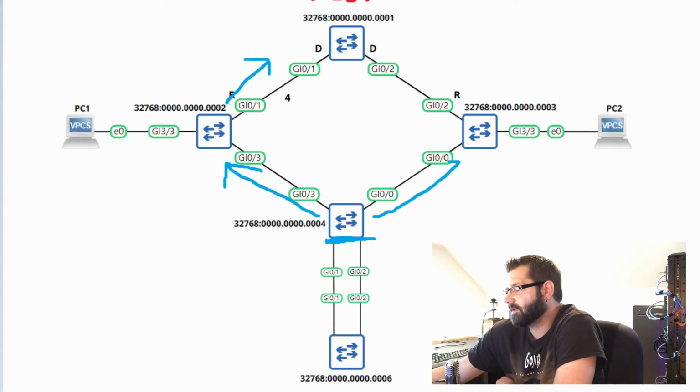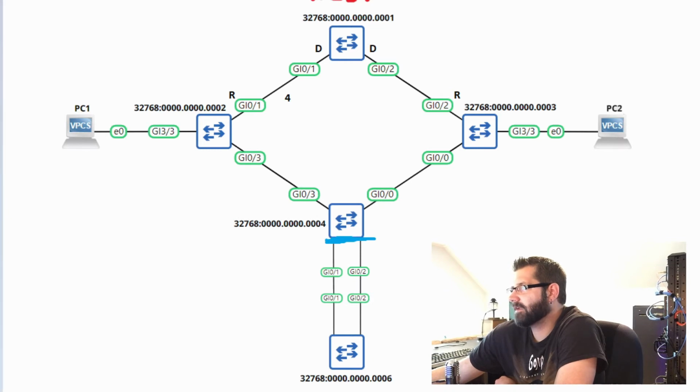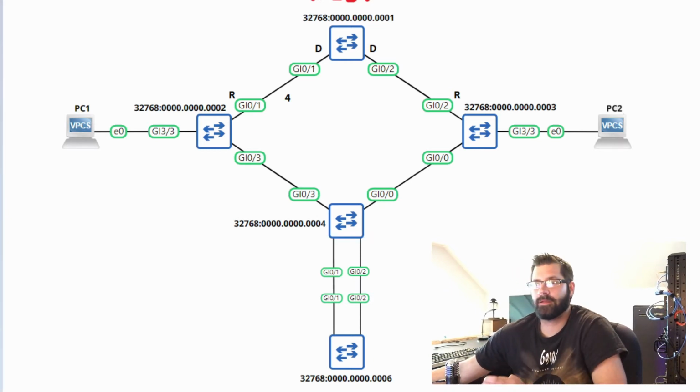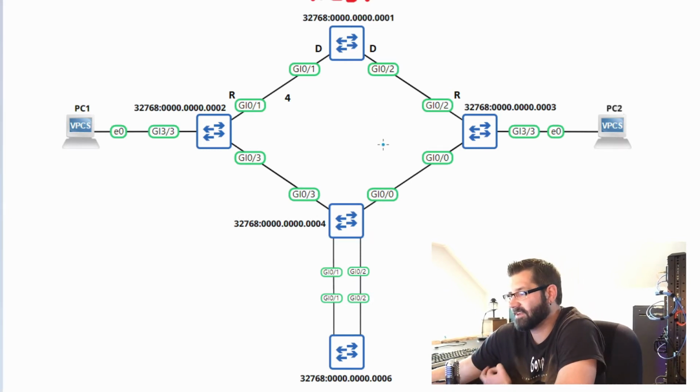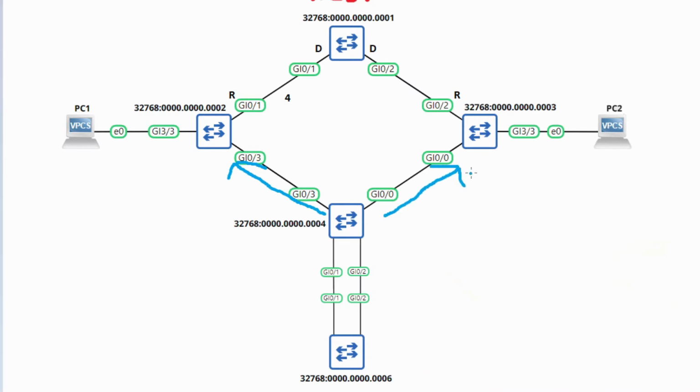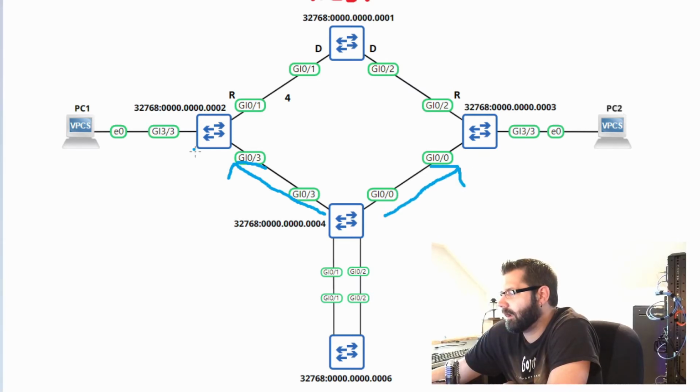So the way that the tie is broken, the first tiebreaker is going to be bridge ID. This being a possible path to the root, this being a possible path to the root, out of these two, which one has the lowest bridge ID? And that is going to be the first tiebreaker.